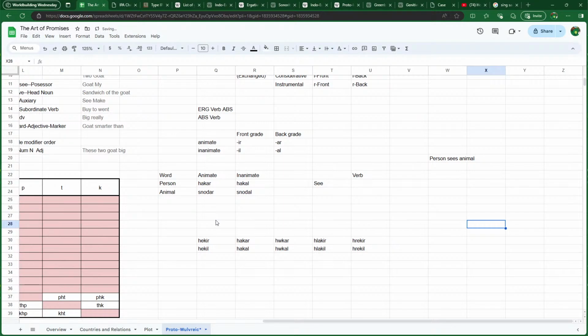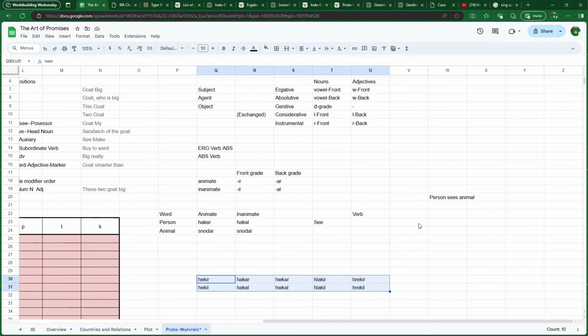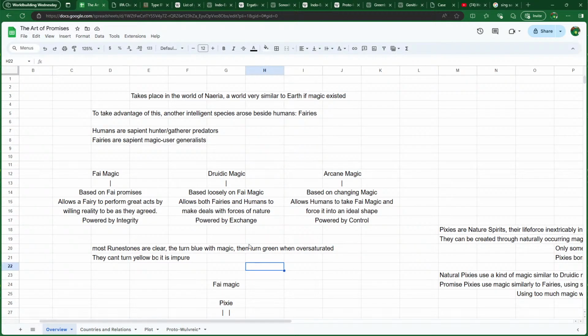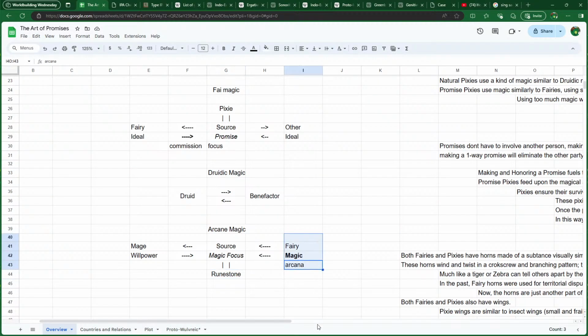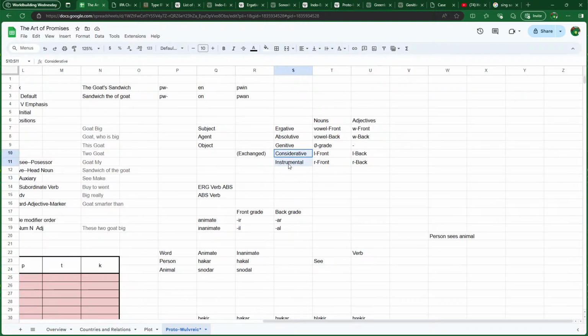Right. So basically, this is the dip. And also, there's going to be some instrumental stuff in referring to fairies, because at some point they use them for their magic. Or actually, no, they would use the rune stone to take the magic from the fairies. So that's a little mix of considerative and instrumental.